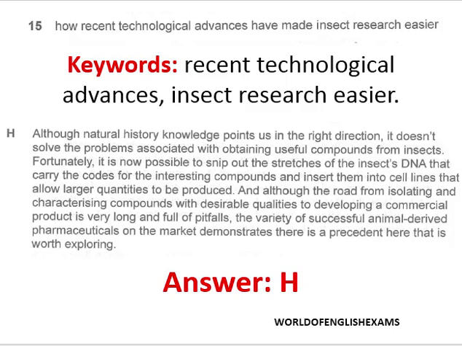And although the road from isolating to characterizing compounds with desirable qualities to developing a commercial product is very long and full of pitfalls, the variety of successful animal derived pharmaceuticals on the market demonstrate that there is a predecessor here that is worth exploring.